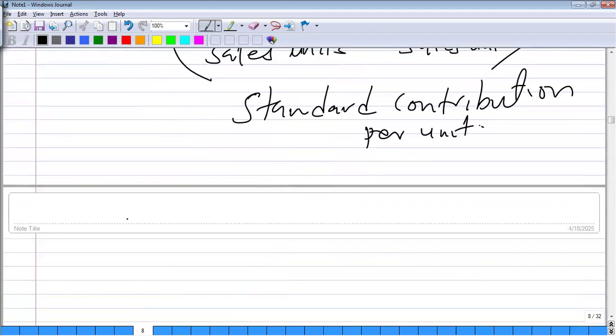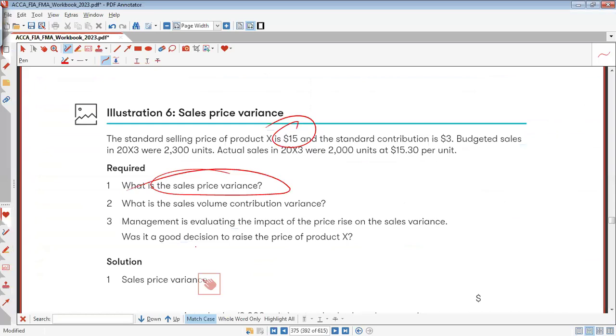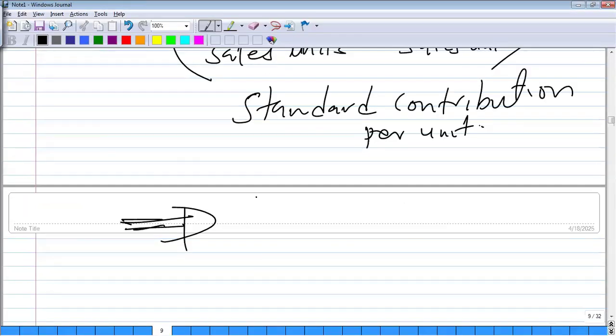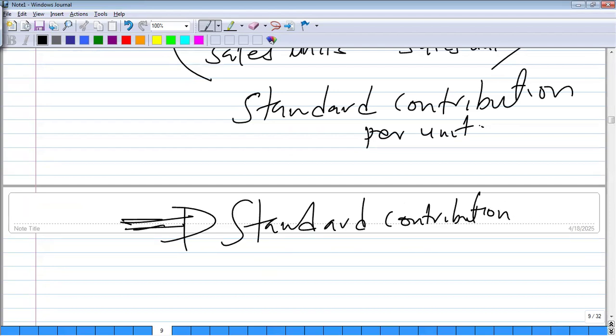So let's deduce the information from the question. They said the selling price of a product, we have already used that. Standard contribution is 3. So standard contribution is $3 per unit.